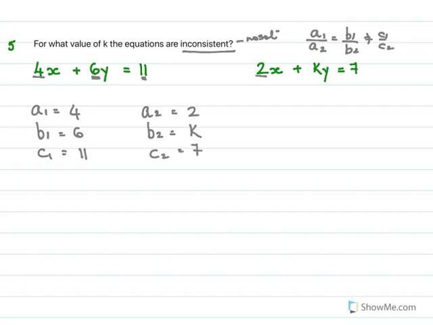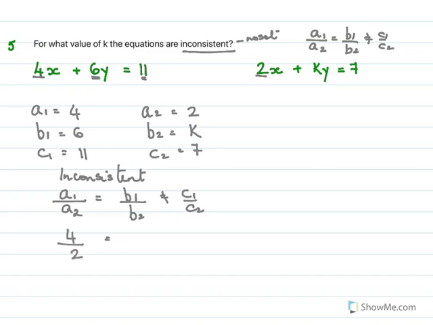So they said they're inconsistent. Inconsistent means no solutions, and for no solution the condition is a1 over a2 equals to b1 over b2 not equal to c1 over c2. So that is 4 over 2 should be equal to 6 over k not equal to 11 over 7.